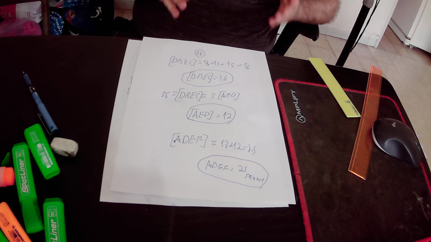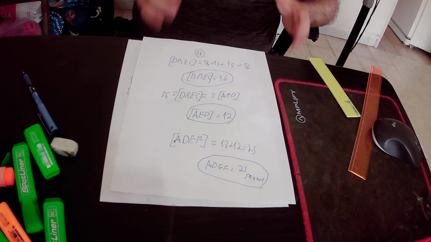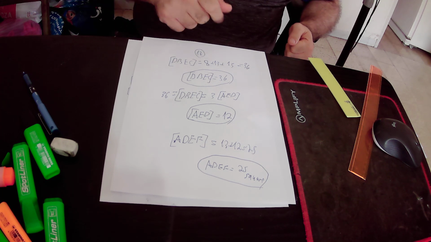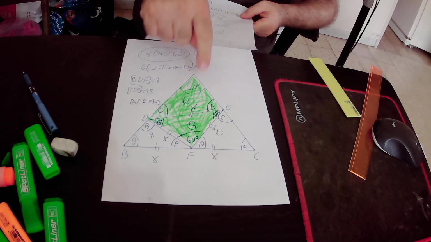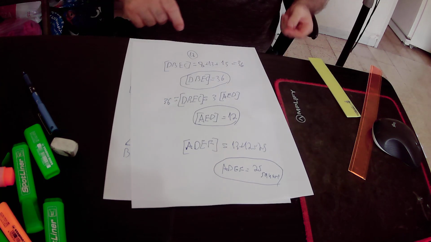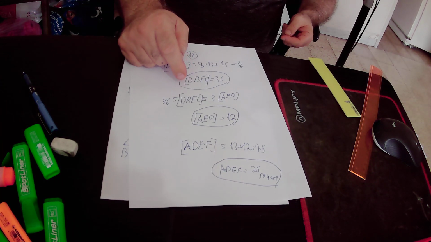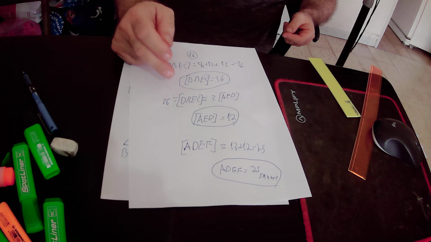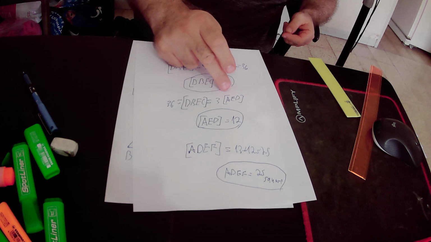But we have already found out that the area of quadrilateral DBEC equals 3 times the area of triangle AED, 3 times the area of this triangle. So in total, we know that the area of quadrilateral DBEC, that equals 36 square units, equals 3 times the area of triangle AED.